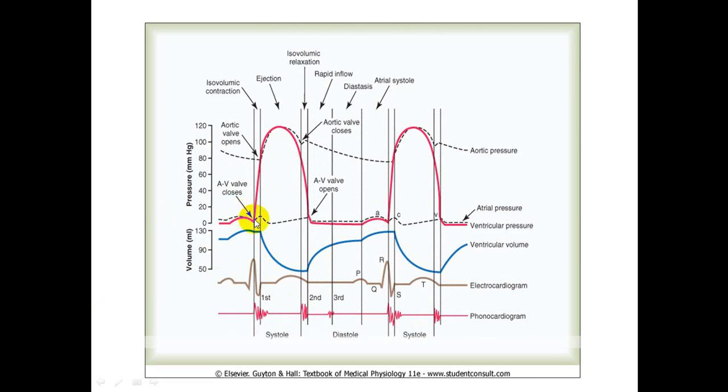So when it is contracted, the ventricle starts to depolarize and contract and gives the QRS complex. While the volume is not changed, this is the blue line, the pressure is increasing from 0 nearly to above 80 millimeters. This is what's called isovolumic contraction.